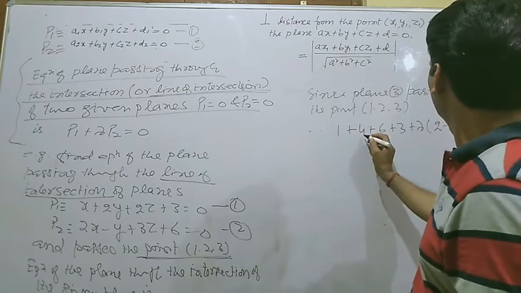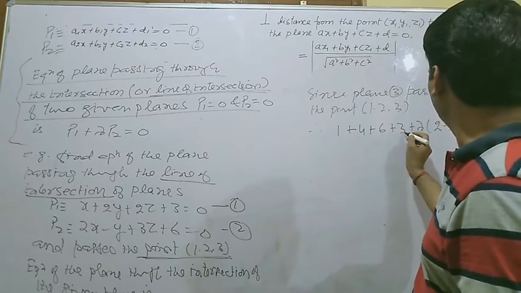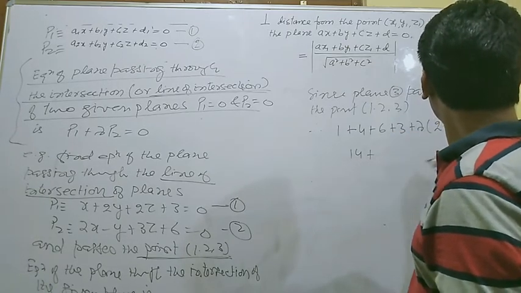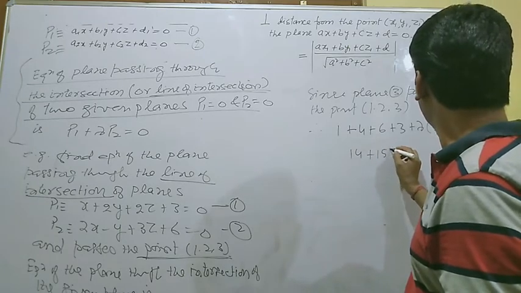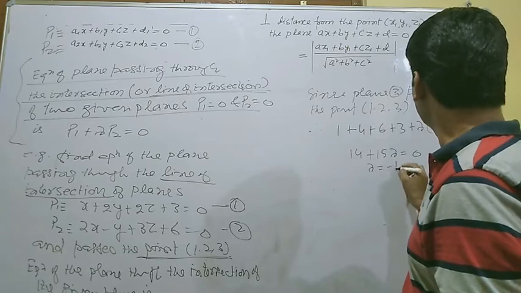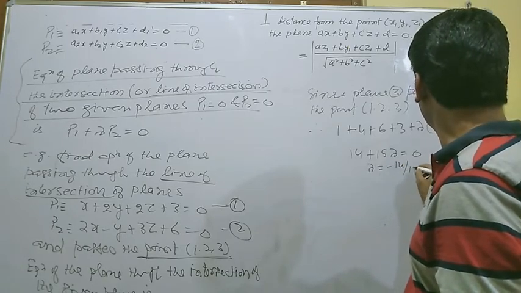That is 5, 11 and 14 plus this 15 lambda equal to 0. So lambda equal to minus 14 upon 15.